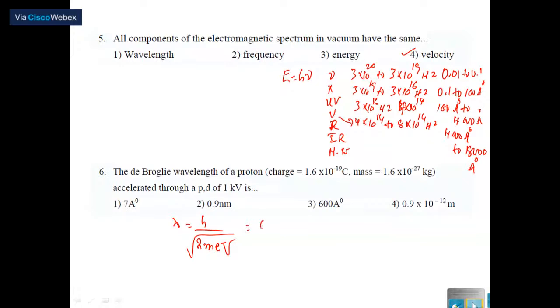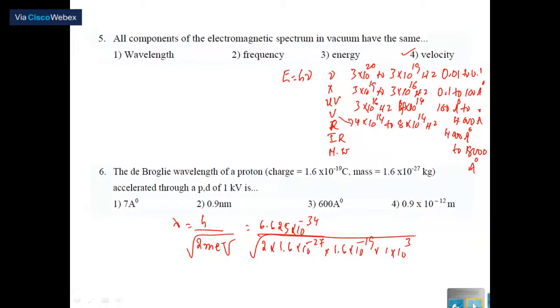Everything has been given. Planck's constant is 6.625 into 10 power minus 34. The mass is 1.6 into 10 power minus 27, and the charge is 1.6 into 10 power minus 19, and the potential is 1 kilovolt, 1 into 10 power 3.